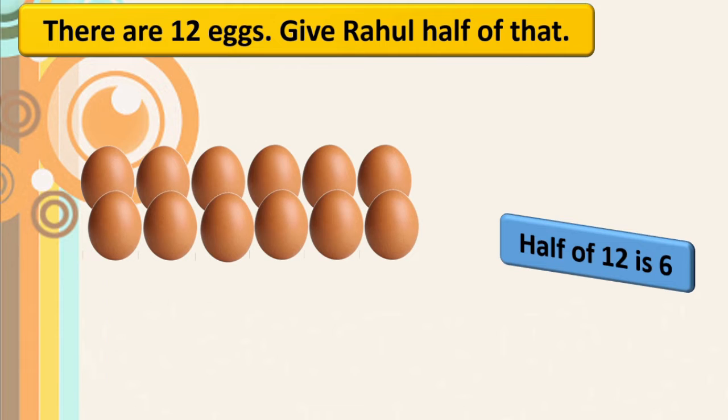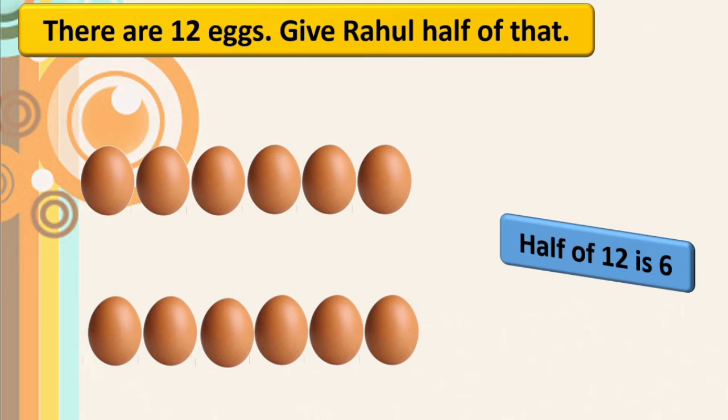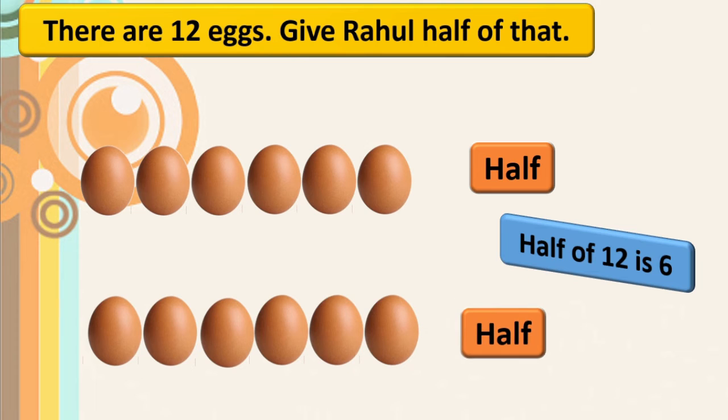Isn't it? 6 twos are 12. Correct? So half of 12 is 6. So these 6 we will give to Rahul. This is nothing but half of 12 and this is also half of 12. Same portion. Got this, children?